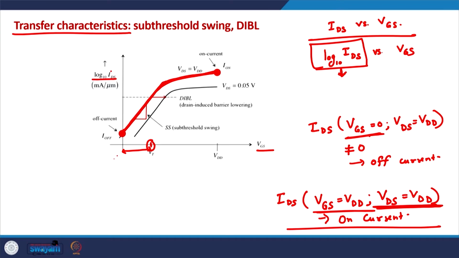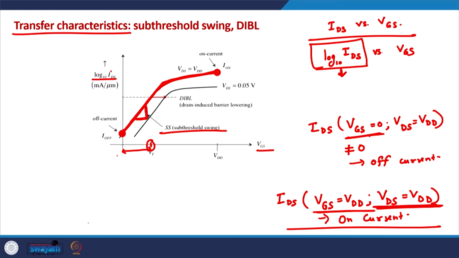As you can see, in these sub-threshold characteristics, the slope very close to the threshold voltage is an extremely important parameter, which is known as the sub-threshold swing. It is also known as the sub-threshold slope.